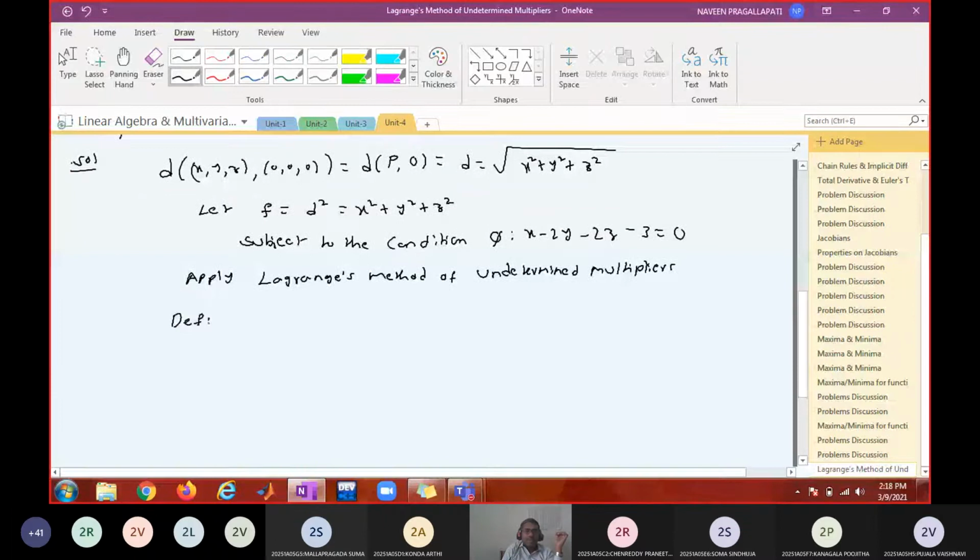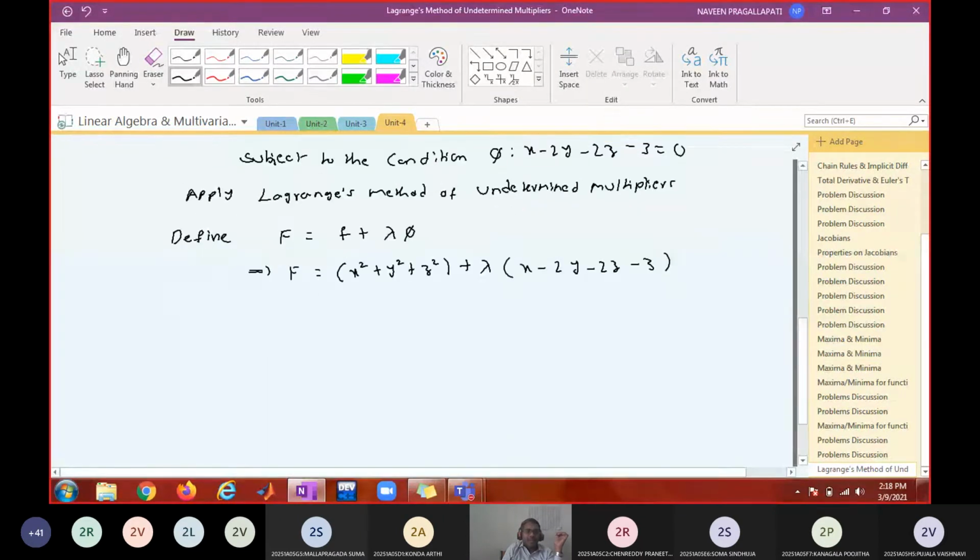Define F is equal to f plus lambda phi. That means F is equal to x square plus y square plus z square plus lambda into what is the constraint? x minus 2y minus 2z minus 3.